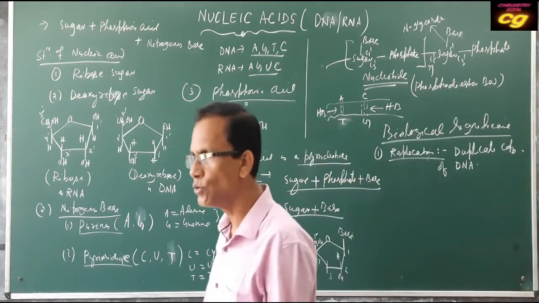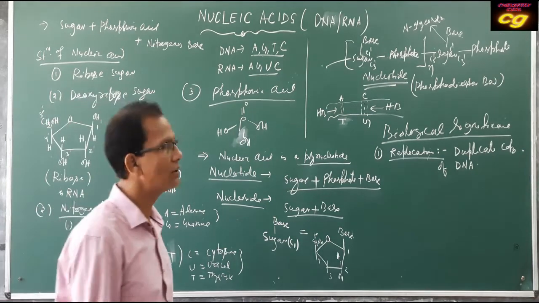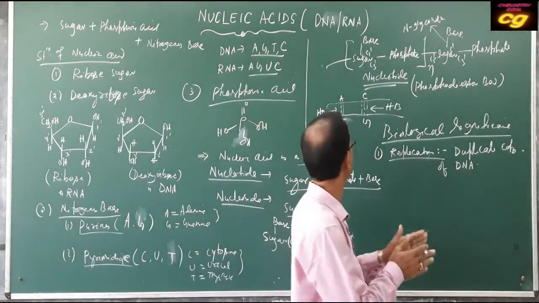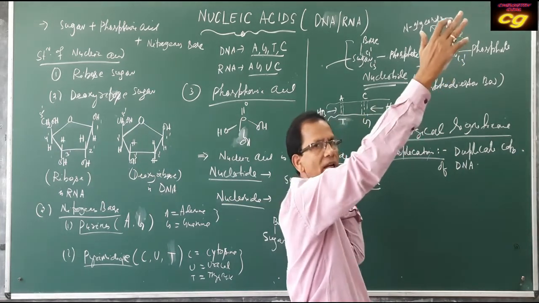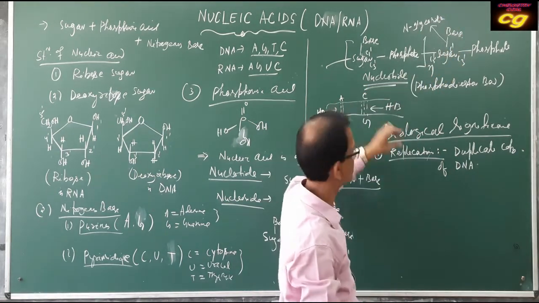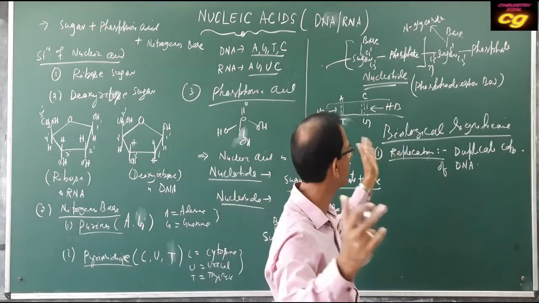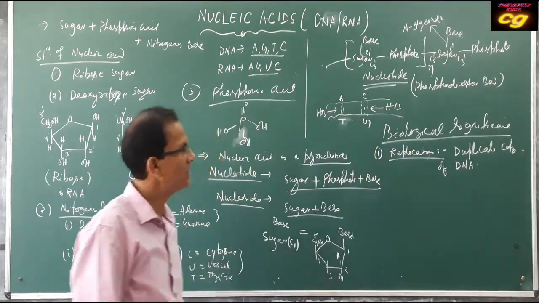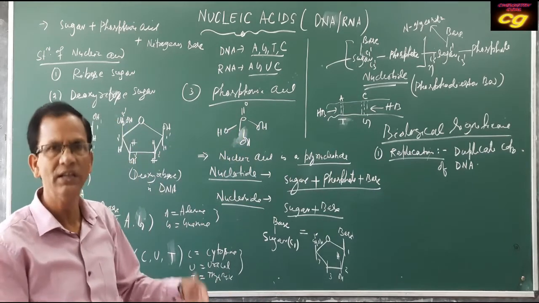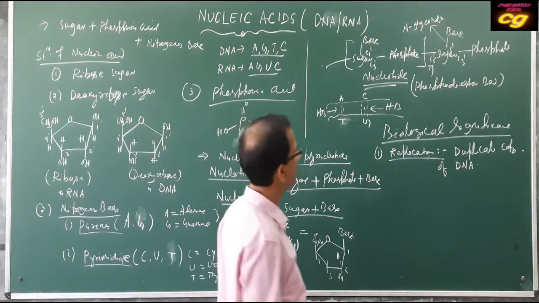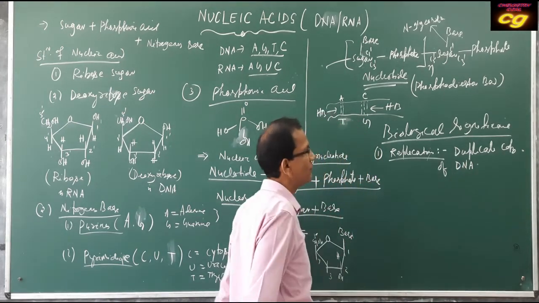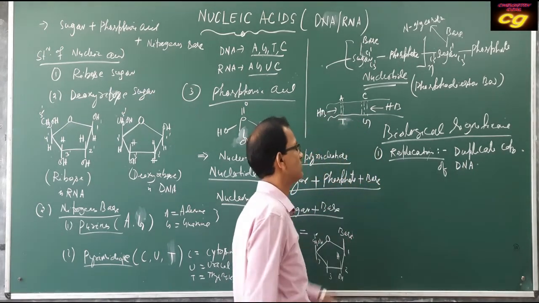DNA divides into 2 similar copies. One strand and another strand are separated from one another. Separation of DNA into single strands, and the same copy of DNA forms. That is called replication.